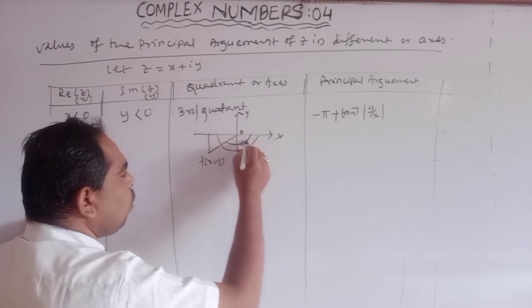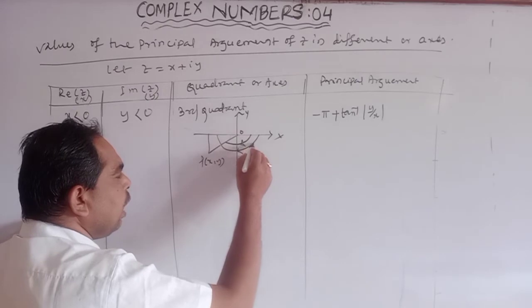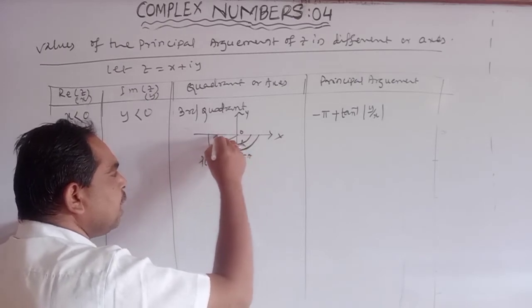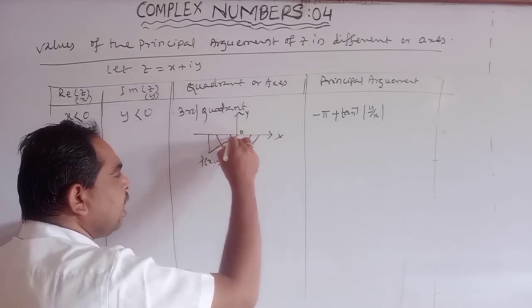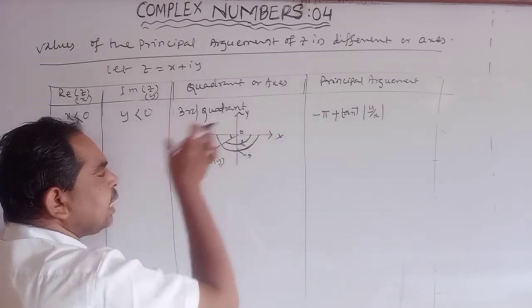This is the required angle. So how do we get the required angle? The whole is minus pi, and we add this angle to it, which is tan inverse mod of y by x.